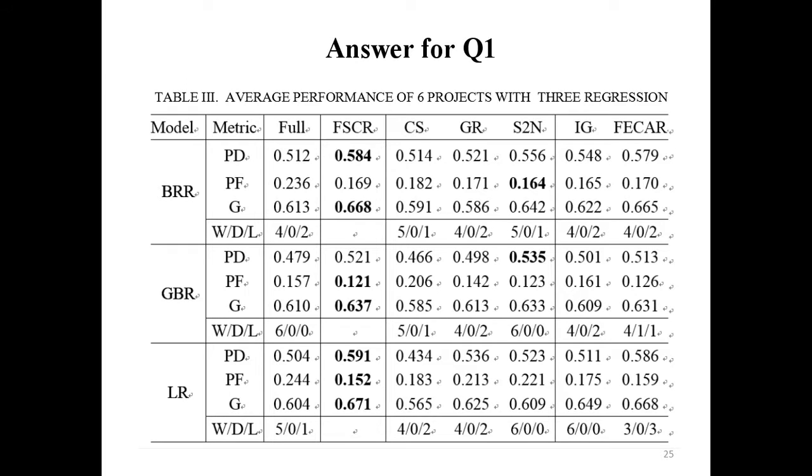In the experiment, we compare our method with 6 classical feature selection methods in defect prediction: CFS, CS, GR, S2N, IG, and FECAR, and we employ 3 regression models: Bayesian ridge regression (BRR), gradient boosting regression (GBR), and linear regression (LR).